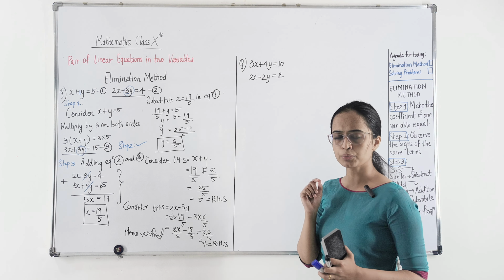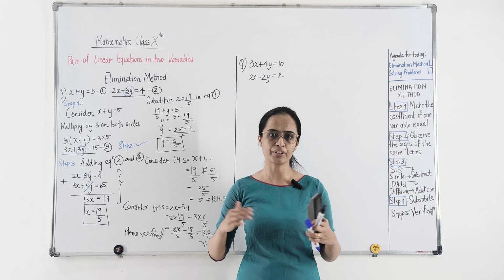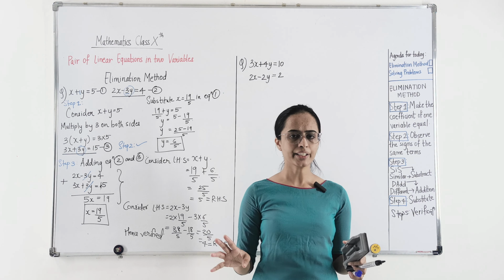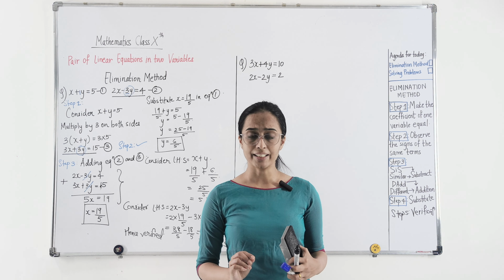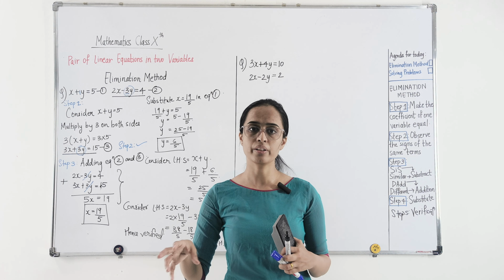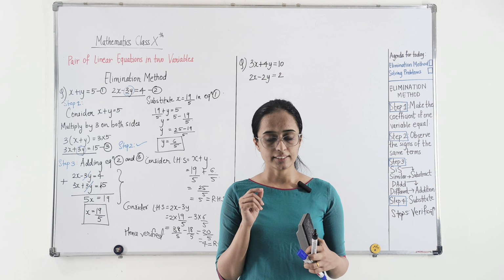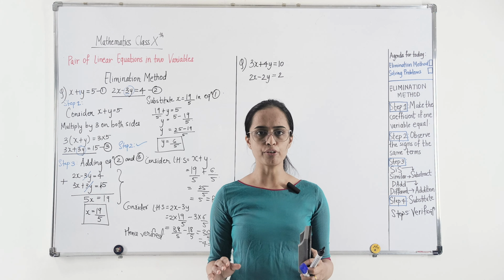Now here I would want to tell you one thing. Since there is a free choice of making the coefficient for any variable in any equation equal to the other one, in this case you need to observe both the equations and choose the variable in such a way that the entire process gets simplified for you.